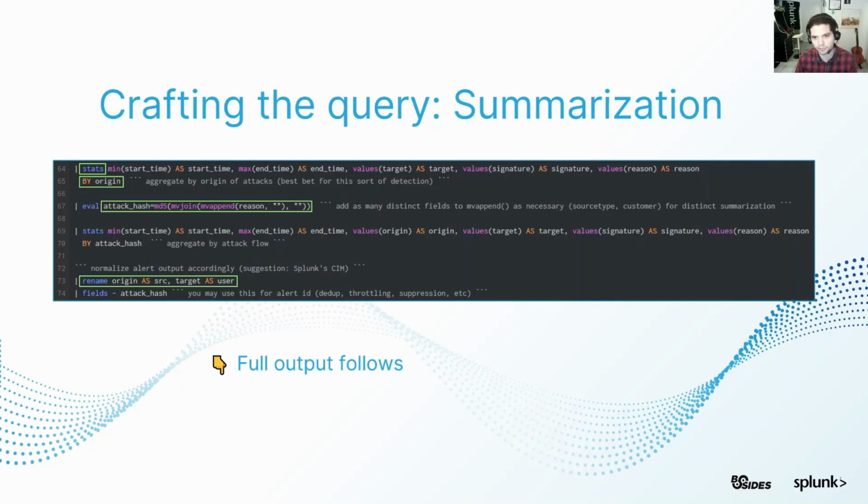So we need to leverage some sort of summarization technique in order to reduce the volume of events and alerts, but also to make it easier to see the bigger picture. It will make life easier for SOC analysts to triage and also to combine or aggregate these kinds of events into other cases, right?